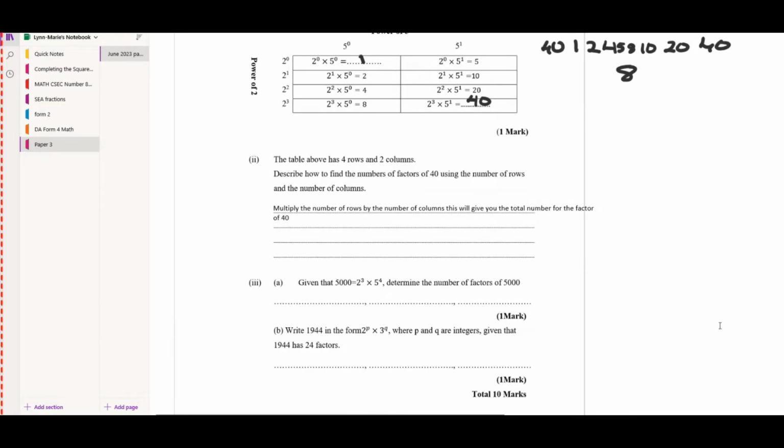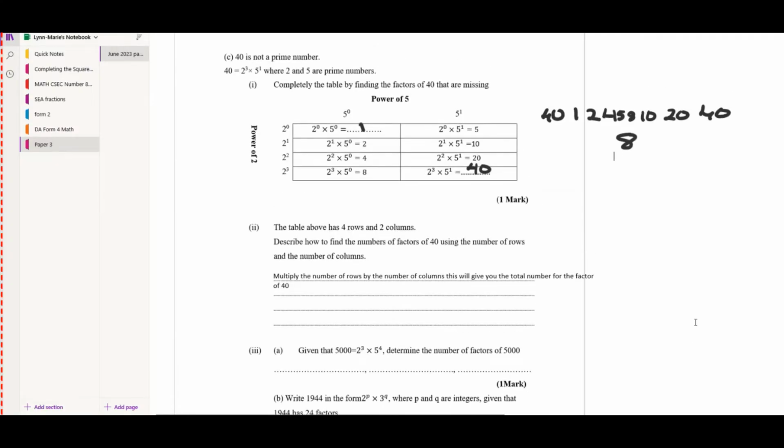Given that 5,000 is equal to 2 to the power 3 multiplied by 5 to the power 4, determine the number of factors of 5,000. Now, let us look at this. They told you for factors of 40, it is 2 to the power of 3 multiplied by 5 to the power of 1. The number of rows, the ones going across, is 3 plus 1.